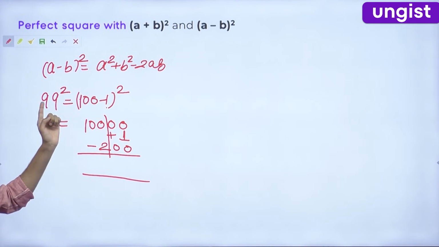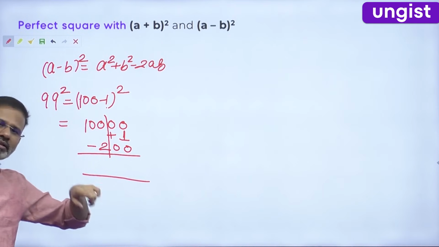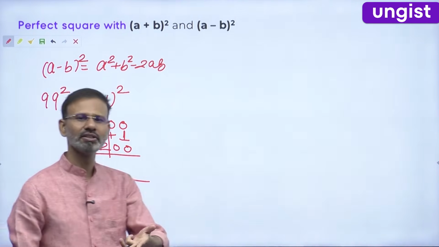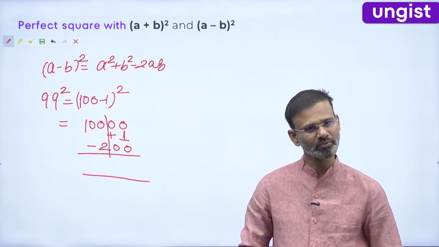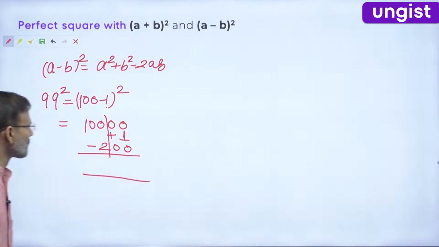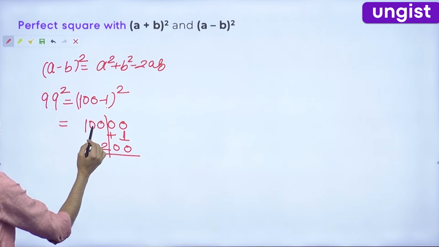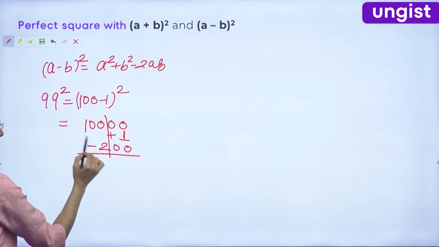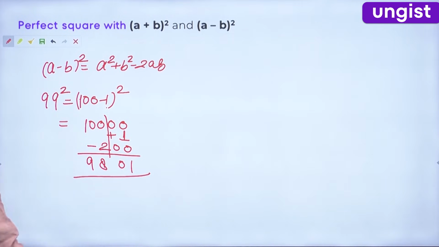In the earlier process, we were adding the double of the deviation. Here we are subtracting the double of the deviation. Correct, everyone? Because it is a minus b to the whole square. So all of you, just think about it. What will it become? 100 minus 2 is 98, and this is 01. So this is 9801. Everyone fine now?